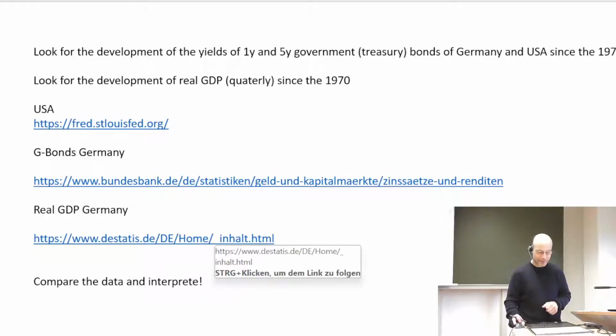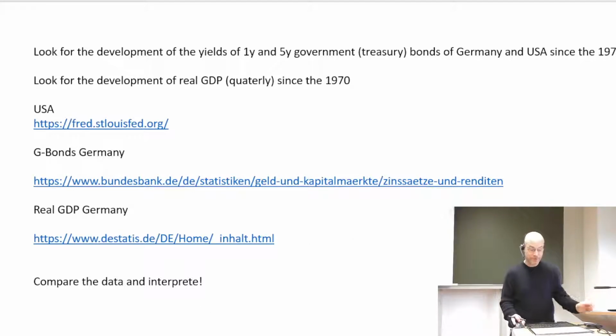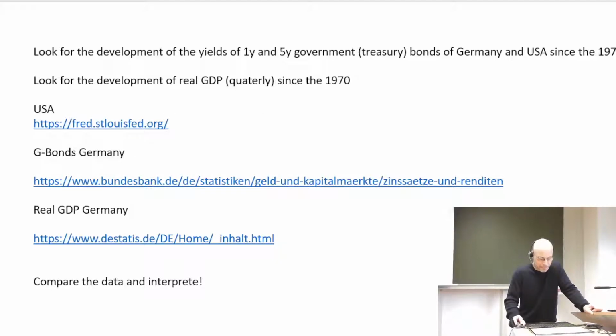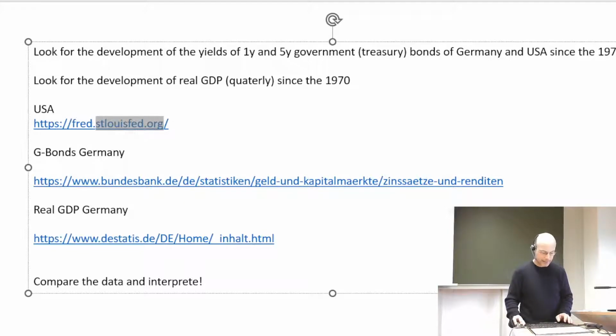And I also found it really interesting to compare the situation of Germany and the United States in the development of the yield curve. Okay, and here are the links where you can find the data. It is also always quite interesting that you know where I get my data.